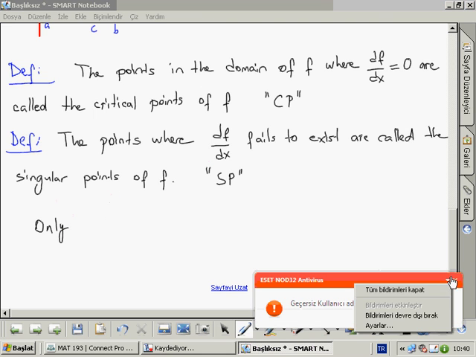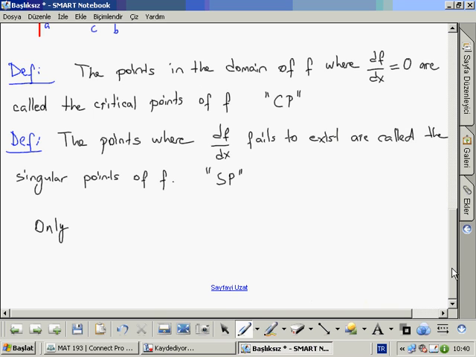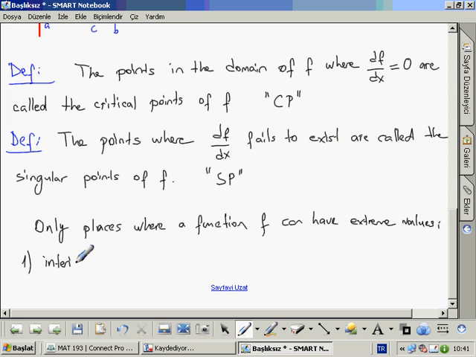And the only places where a function F can have extreme values: one, interior points where del F over del X equals 0, if and only if critical points.